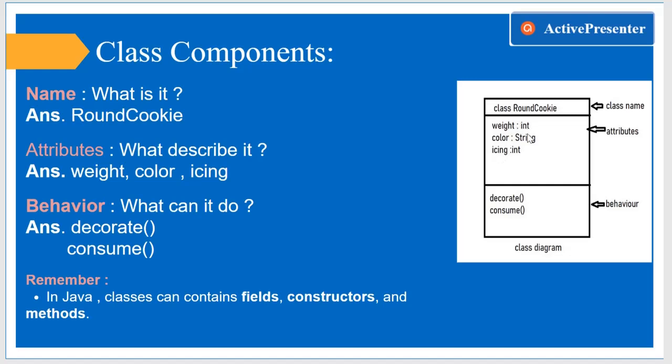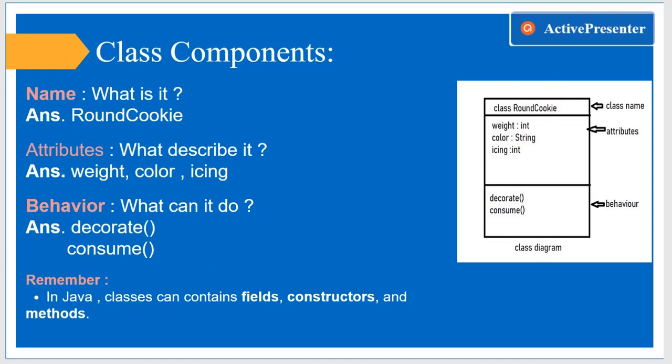These are the data types. Behavior means what it can do: you can decorate it, consume it. So first it describes the name, then attributes, then behavior.